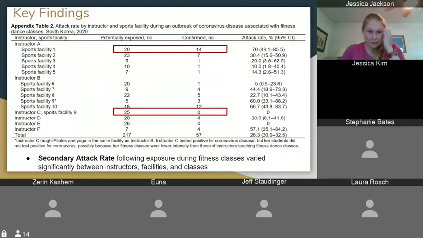Other things associated with more transmission were a smaller facility size, and the amount of movement, because when people move around a lot while exercising, that creates turbulent airflow inside the room. That was also projected to be a possible factor.